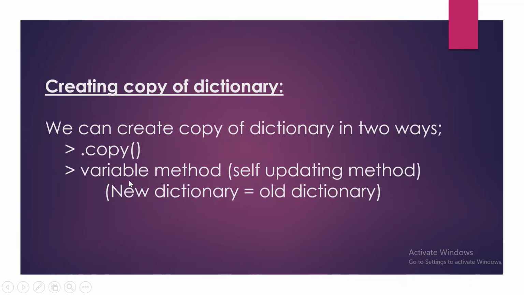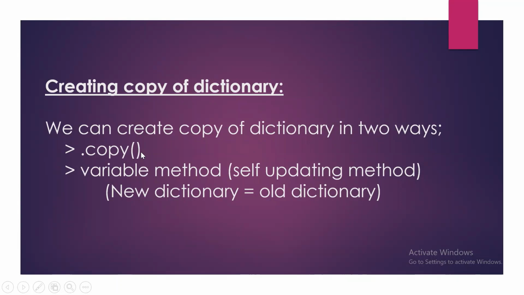And the variable method is a self-updating method. That is, if we create a copy using this variable method, any changes made in the original or old dictionary will automatically be updated in the new dictionary.